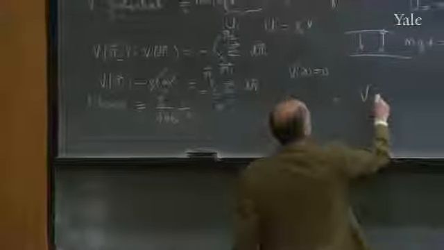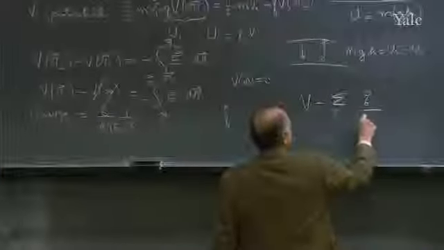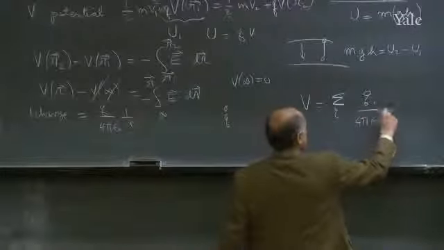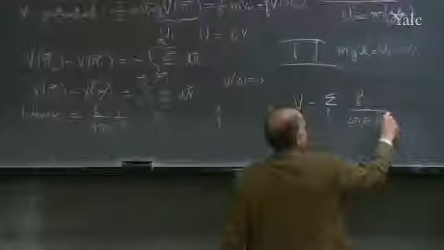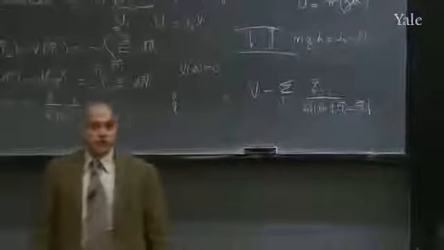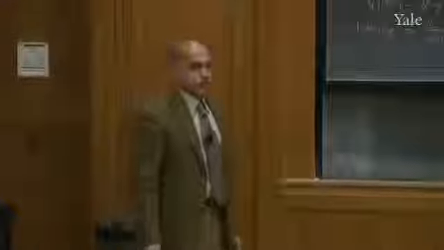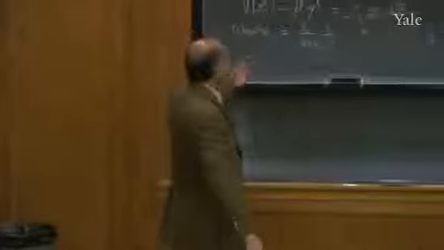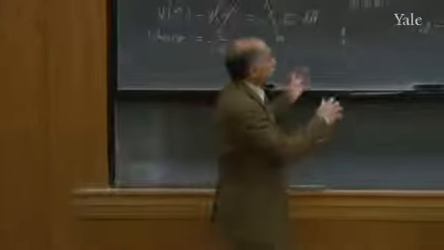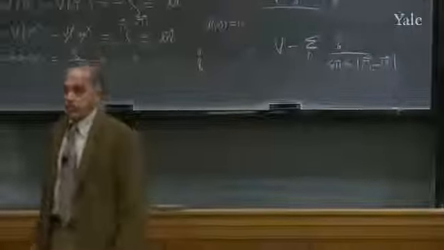V due to many charges is the sum over all those charges, the value of each charge over 4 pi epsilon 0 times the length from where that charge is to where you want the potential. That's the principle of superposition. Okay, the Coulomb potential due to one charge is 1 over r, due to many charges is each q times its own 1 over r times this 1 over 4 pi epsilon.